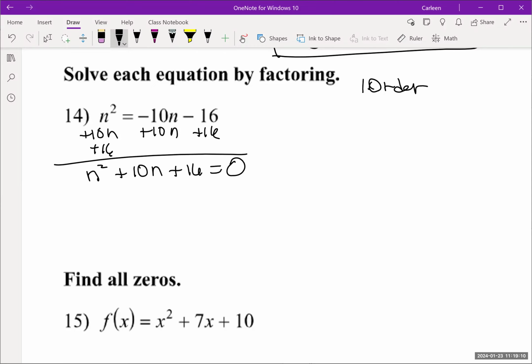Okay, what's next? Solve the quadratic equation. Next step. Oh, nope, we just got everything on the same side. Starts with an F. Factor. So I need two numbers that multiply to get 16 and add to get 10.